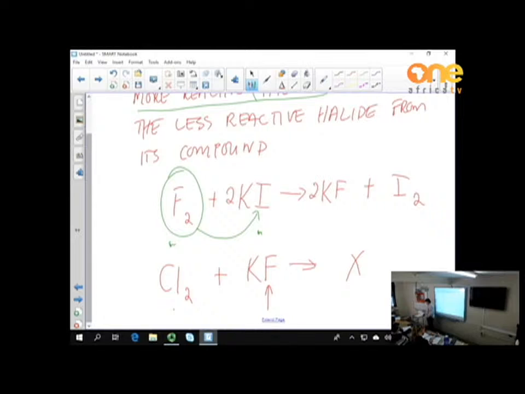It shows that when a halogen high in the group, in other words, a reactive halogen, is added to a solution containing the ions of one lower down, in other words, less reactive, there is a reaction. For example, chlorine solution is added to sodium iodide.